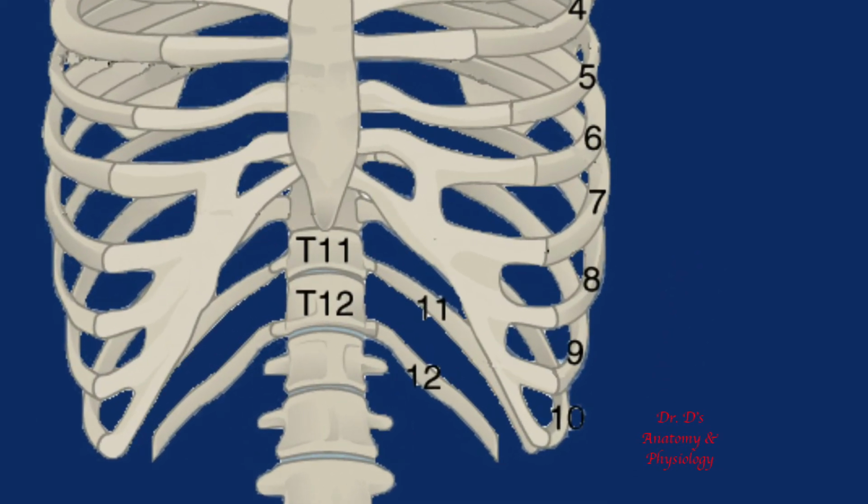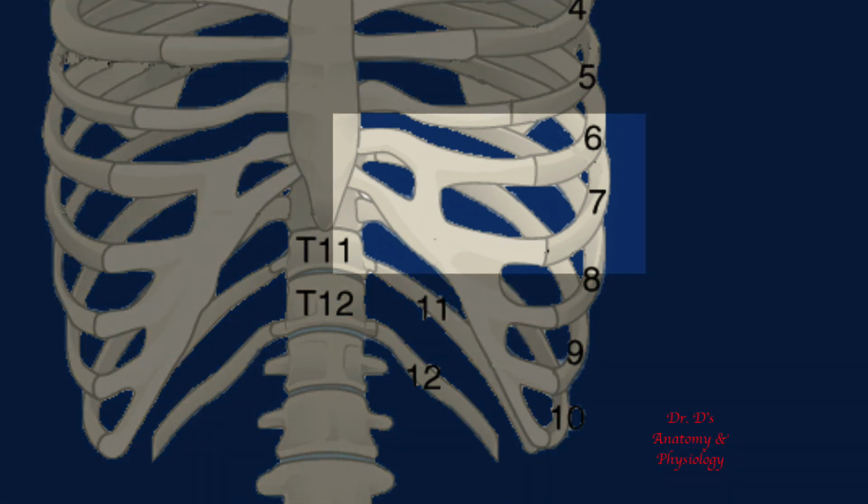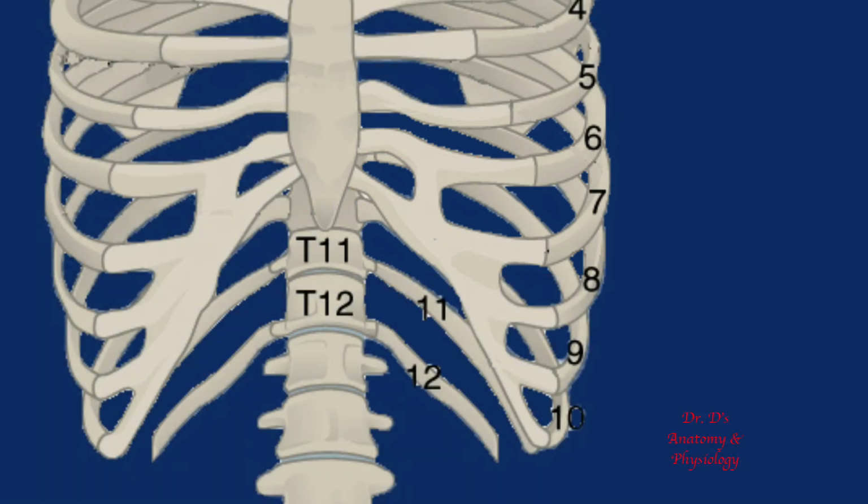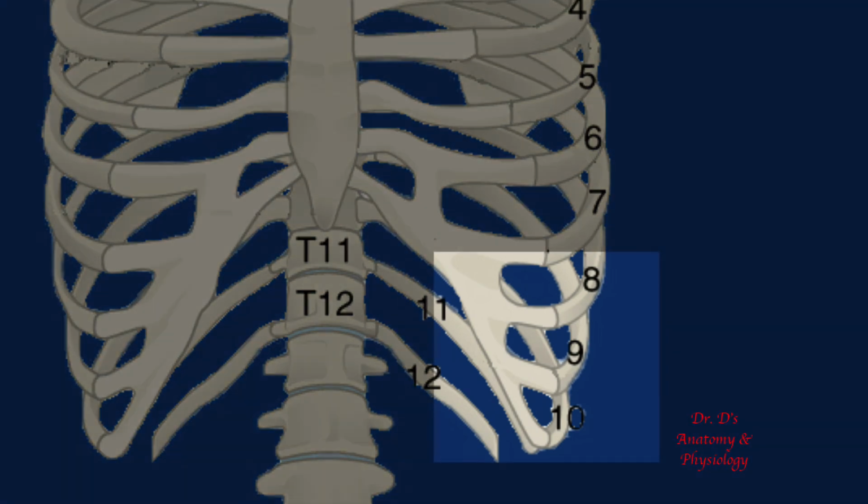If we look at this illustration and look more closely at ribs 6 and 7, we can see that they attach directly to the sternum by their costal cartilages. But ribs 8, 9, and 10 do not attach directly by their costal cartilages, and what their costal cartilages do is attach to the cartilage of the rib above.